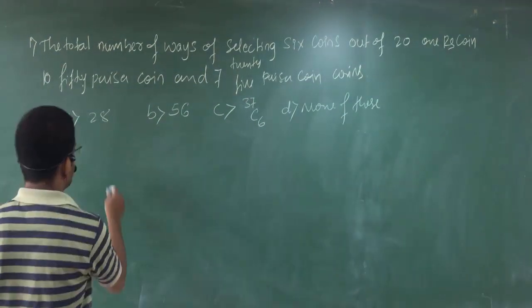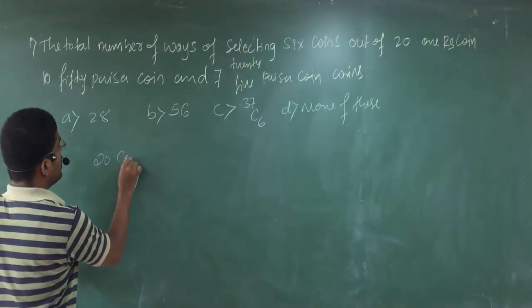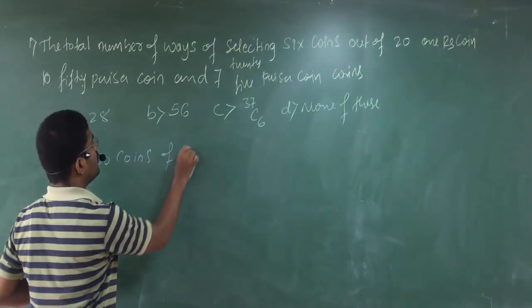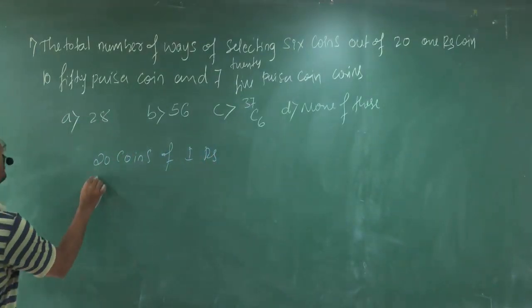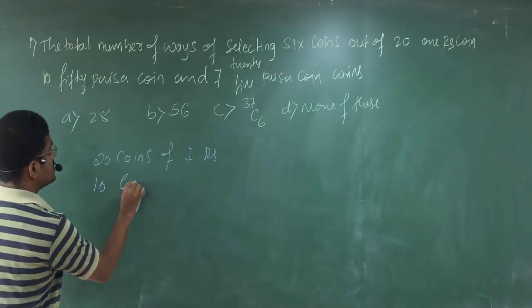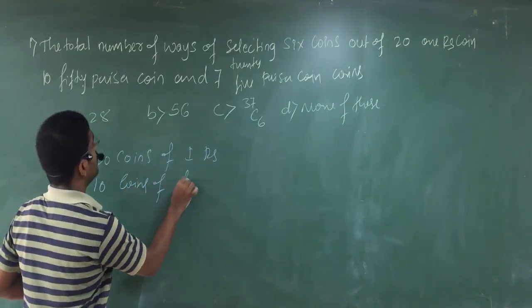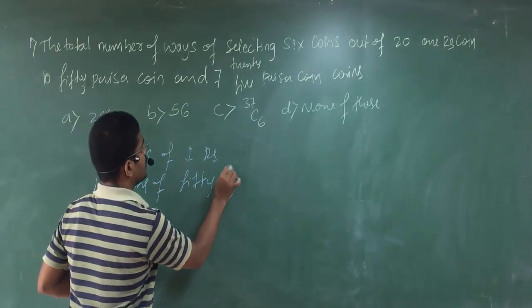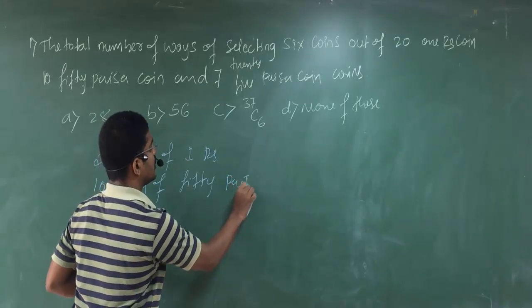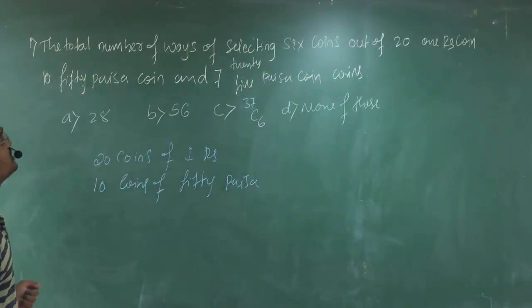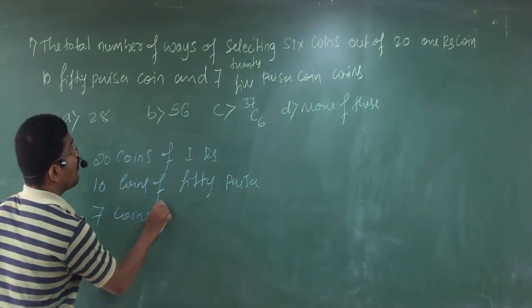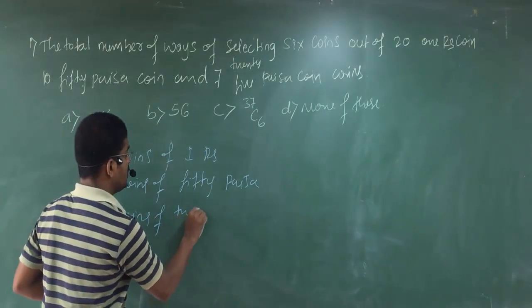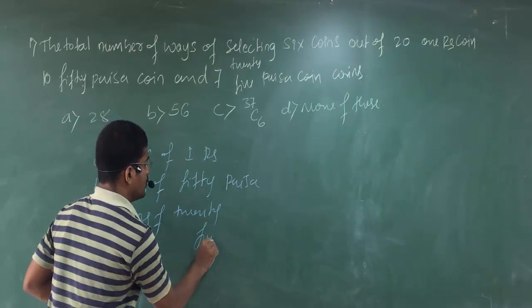See here, there are 20 coins of 1 rupee. Next, 10 coins of 50 paise and 7 coins of 25 paisa.